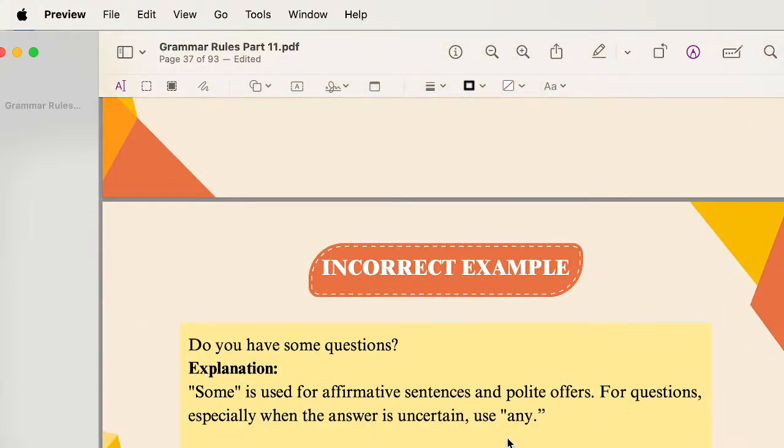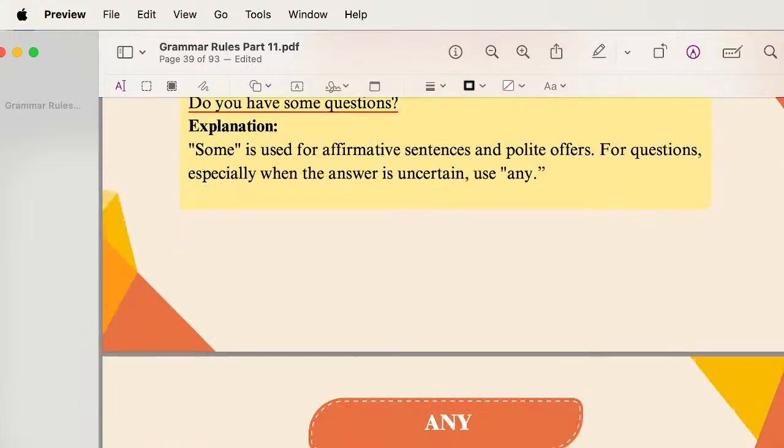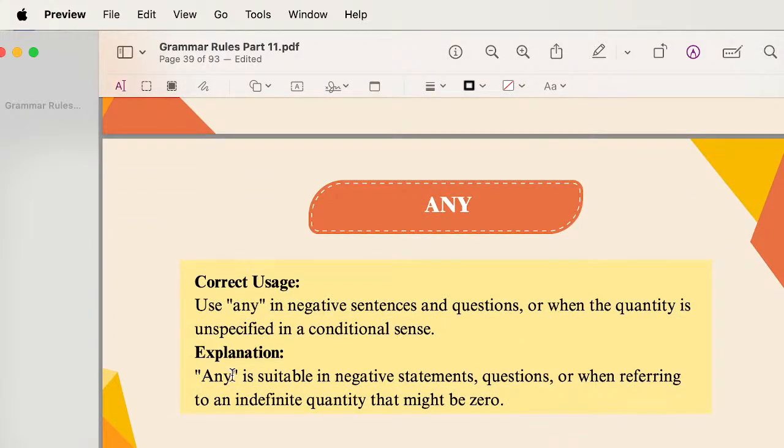Now, do you have some questions? This entire sentence is in question format. So you're supposed to use any here, not some. So where do we use any? Any is usually used in negative sentences or questions when the quantity is unspecified.